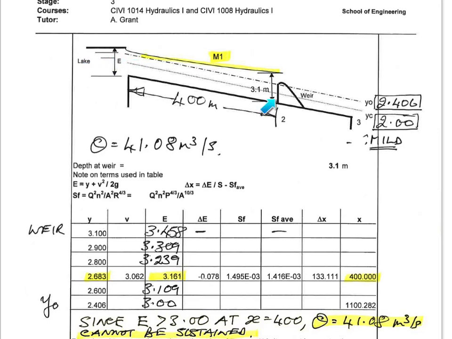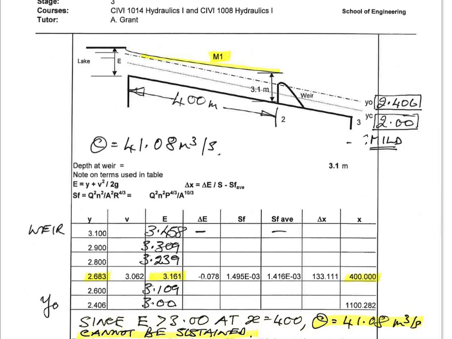But if we find that over this distance we still haven't got back to the normal depth, what that means is that we cannot sustain the flow we've calculated with this head, so the flow will actually be less. So we'd have to go back and try all over again.